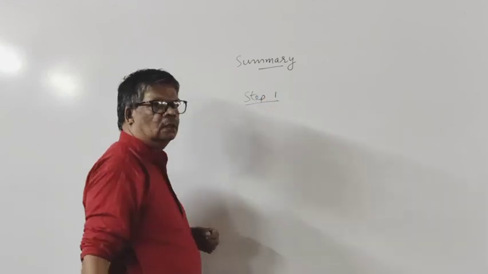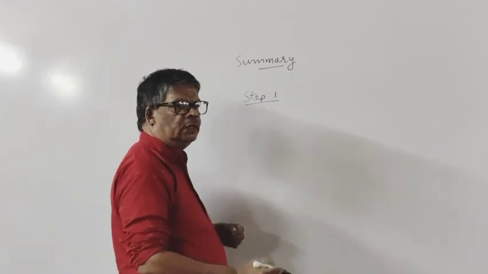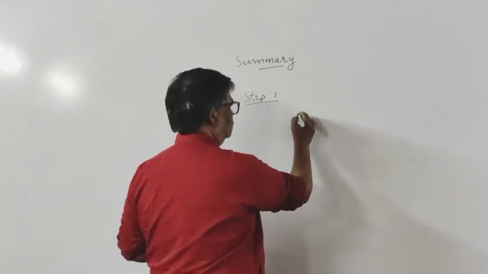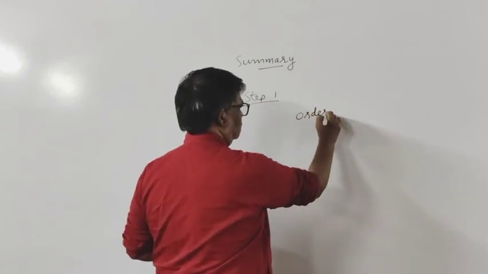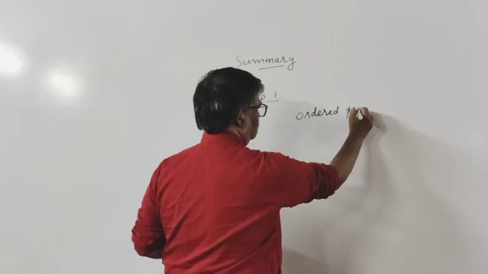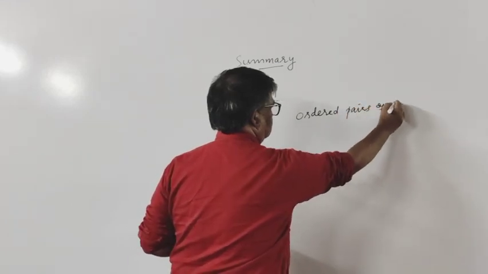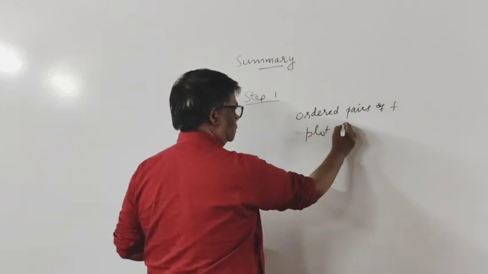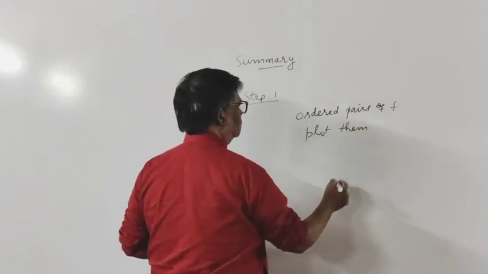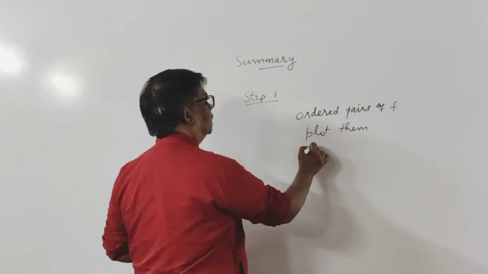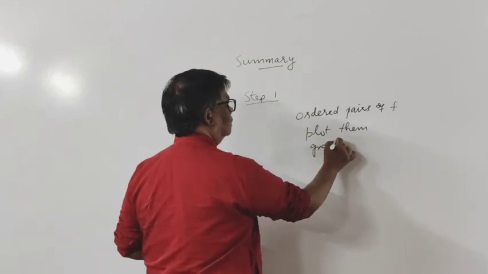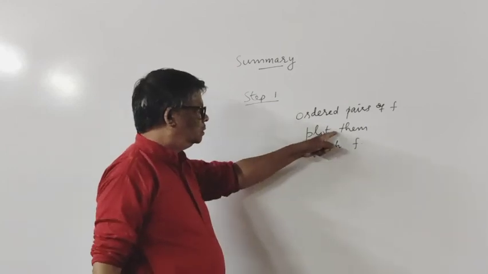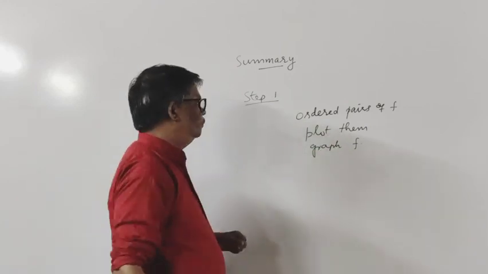In step 1, we find some of the ordered pairs corresponding to f. We plot them and, by joining these plotted points, we graph f.